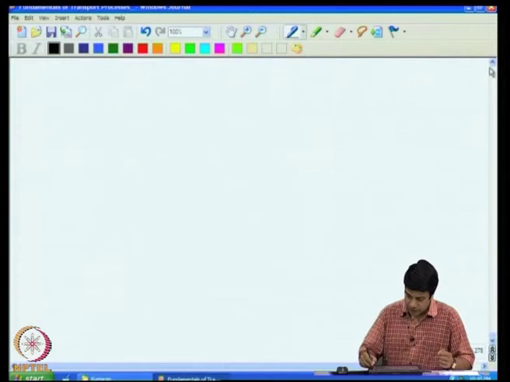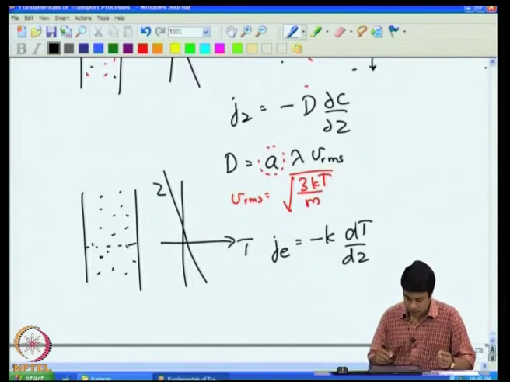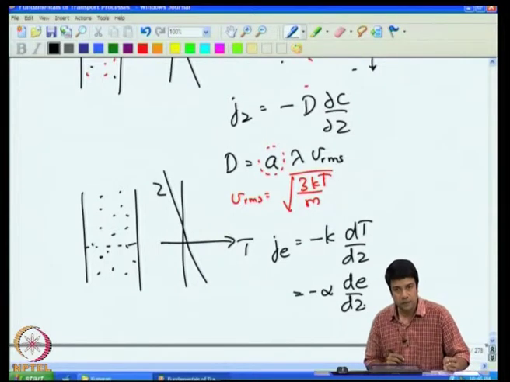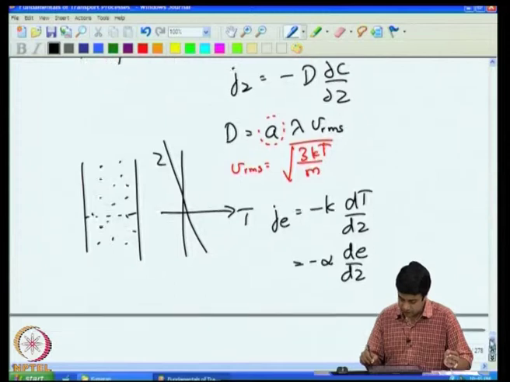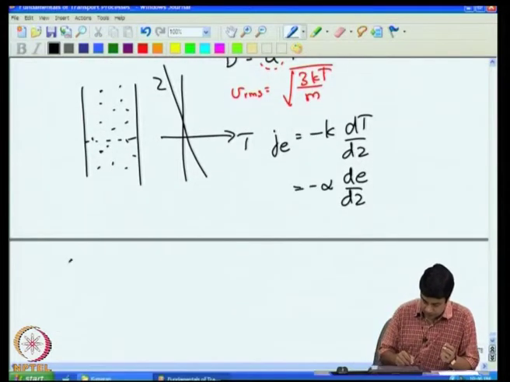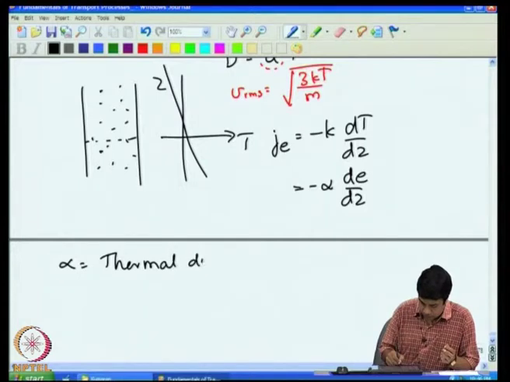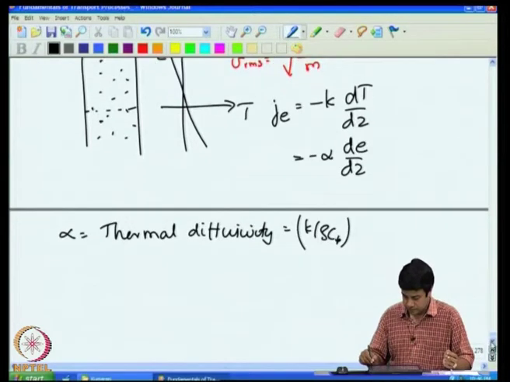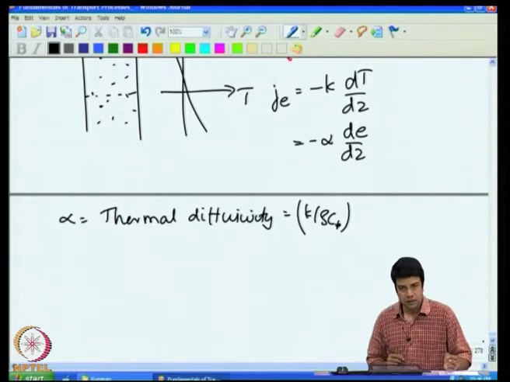This can also be written in terms of the diffusivity, minus alpha times dE by dz, where alpha is the thermal diffusivity, equal to k by rho Cp. So, this is for the diffusion of energy.